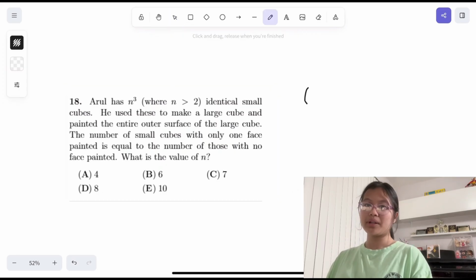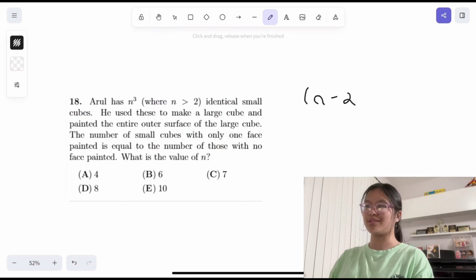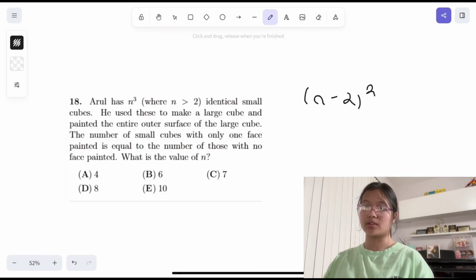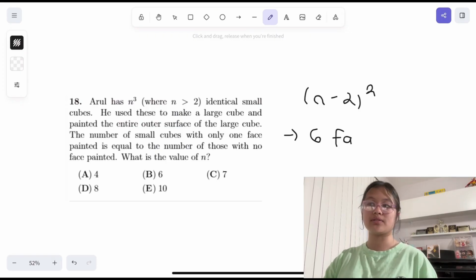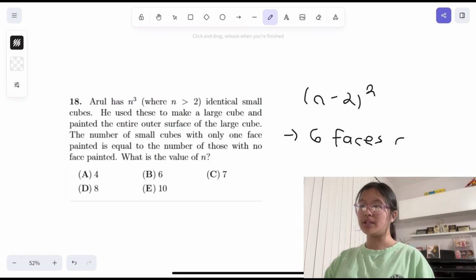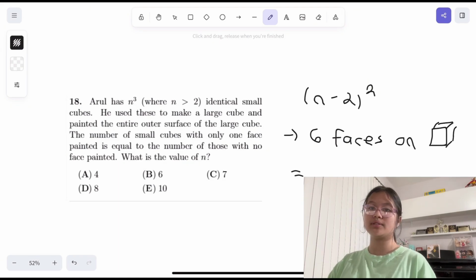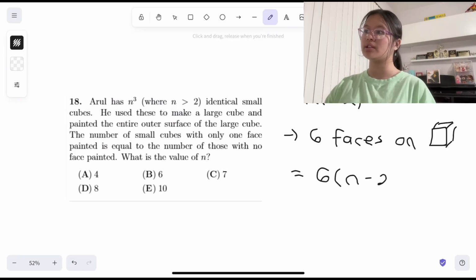So there are n minus 2 to the power of 2 small cubes with a painted face visible on each face of the larger cube. So the total number, since there are 6 faces on the cube, would be 6 times n minus 2 squared.